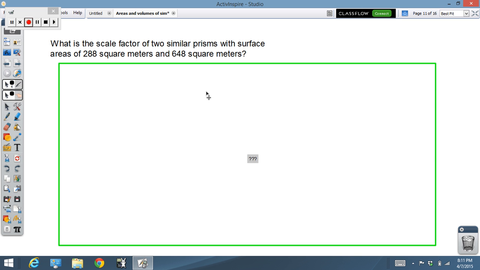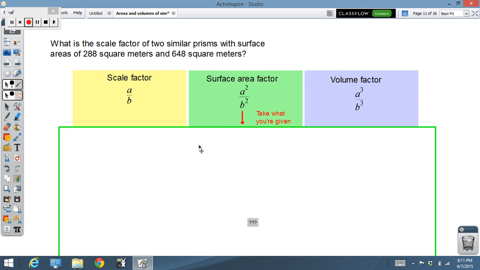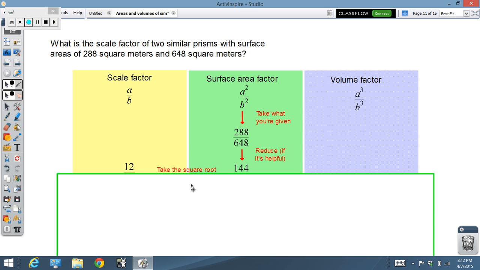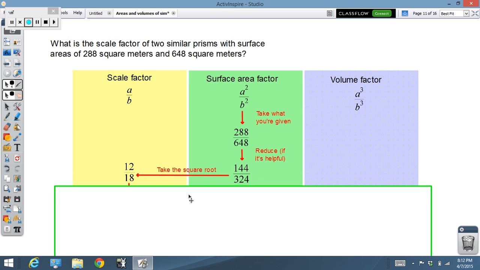Okay, so I'm going to look at those 3 columns. First thing I want to do is take what I'm given, and that was that the surface areas have a ratio of 288 to 648. If it's helpful, we can simplify that, and by dividing by 2, I find out that I get those numbers. And you know what? That is helpful, because remember, now this is A squared over B squared.